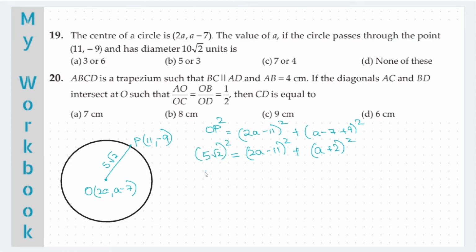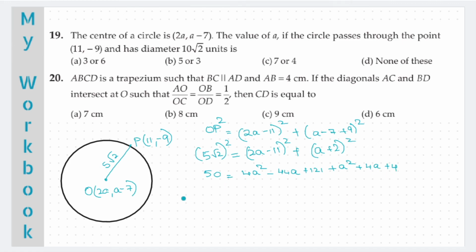which is 50, is equal to 4a square minus 44a plus 121 plus a square plus 4a plus 4.